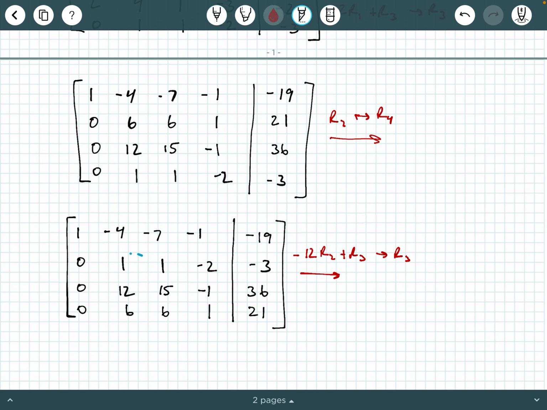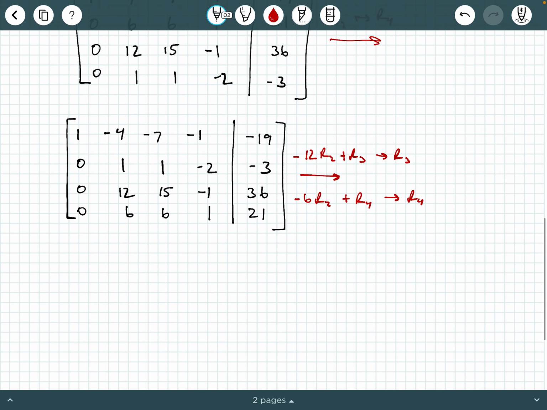So we're using row 2 here to change something in row 3, and specifically we want to create a 0 term where this positive 12 is. And then in the same step, we could say -6 row 2 plus row 4 to change row 4. So again, we're going to independently operate on row 2 to create a cancellation right here in row 4. We can do both of these in the same step because rows 3 and 4 are not being related together.